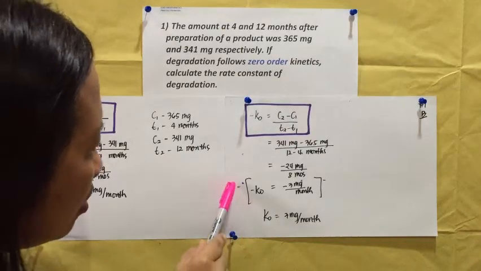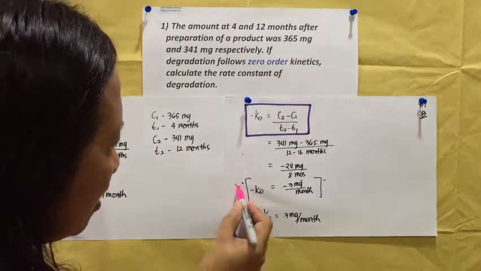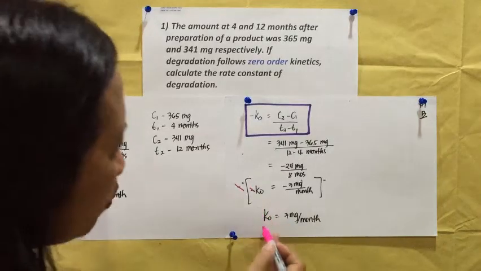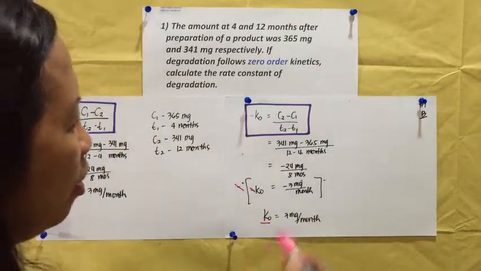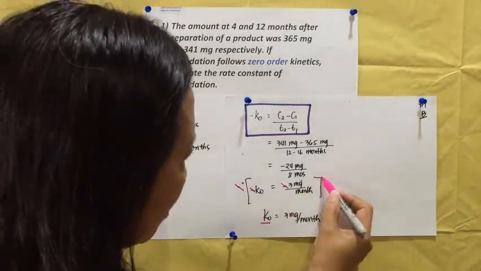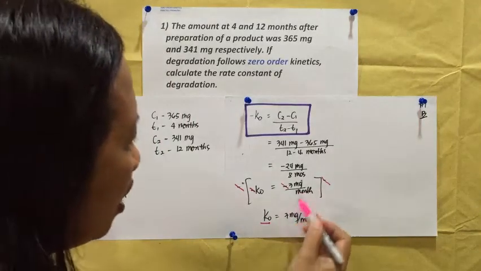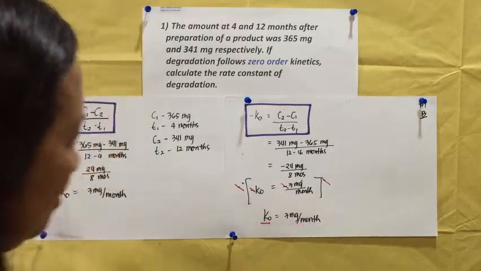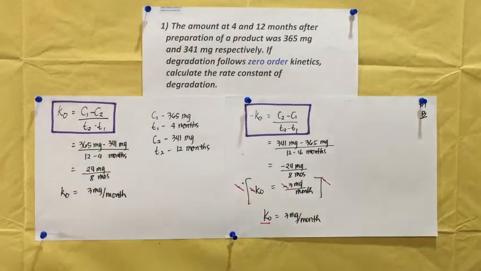Okay, so the negatives will cancel out. So we have KO now. Of course, this one also will be deleted. So we have 3 milligram per month. So if you notice, whichever formula you are going to use, you will get the same answer.